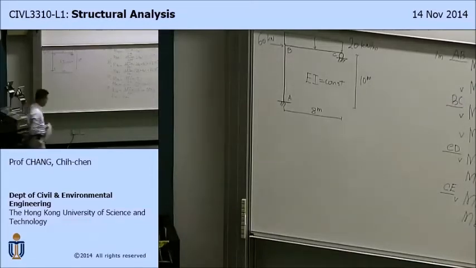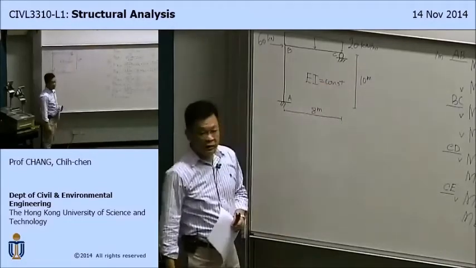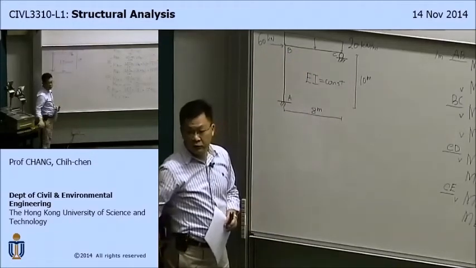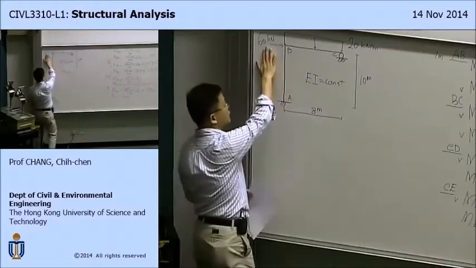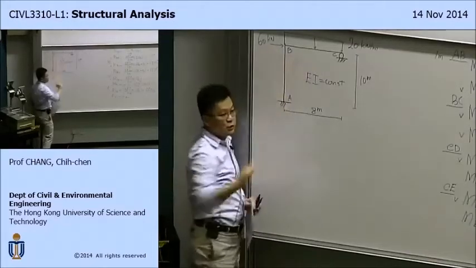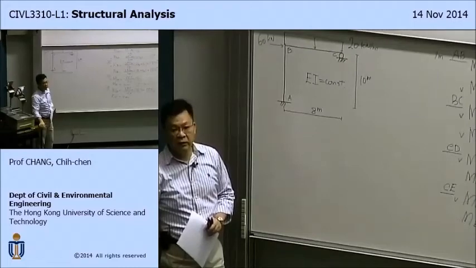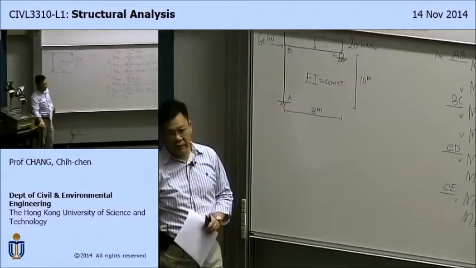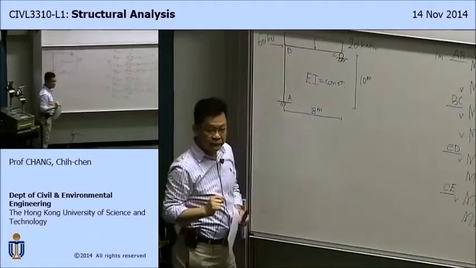But because this is clamp, this is rolling support, so there's a horizontal force. Also, even without the horizontal force, because the structure is not symmetrical, you will be expecting to see some translation even though there's no horizontal force.